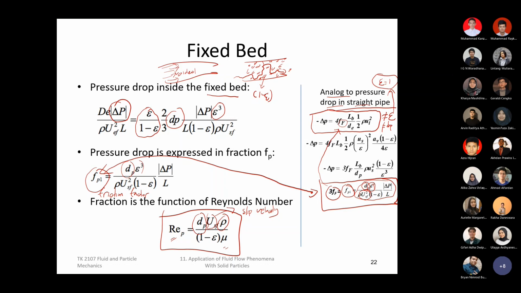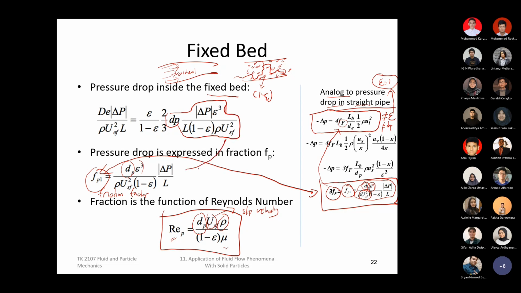Once you get the FP, let me separate this dp epsilon. Let me remove it first. Actually that also consists of rho USF (1 minus epsilon).